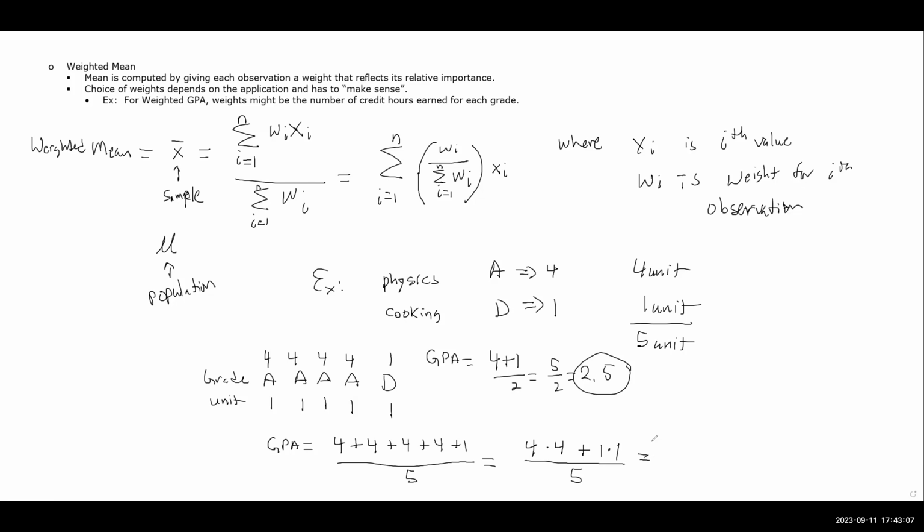Or another way to write this is we could separate these and say 4 times 4 divided by 5 plus 1 times 1 divided by 5, or 4/5 times 4 plus 1/5 times 1.